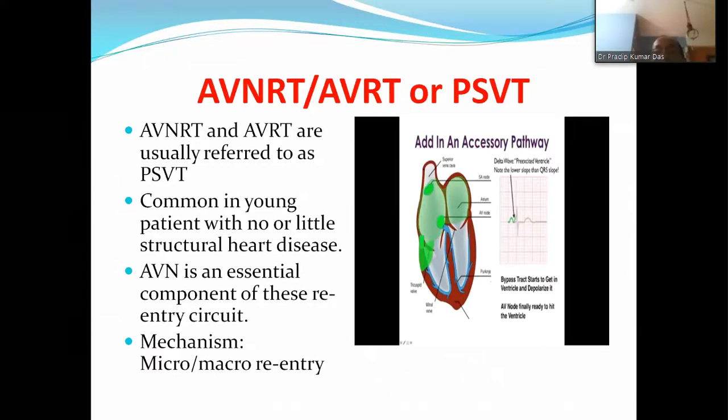And here there is an accessory pathway. If the impulse is transmitted through this accessory pathway, because the AV node has a long refractory period, it will pass the impulse directly to the ventricle, and part of the ventricle is already activated before the AV node has completed its transmission.